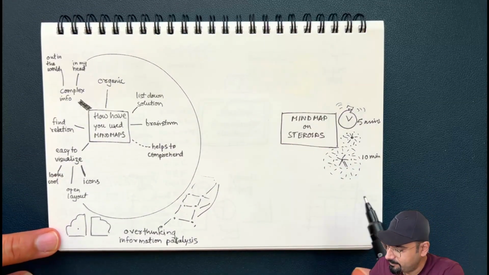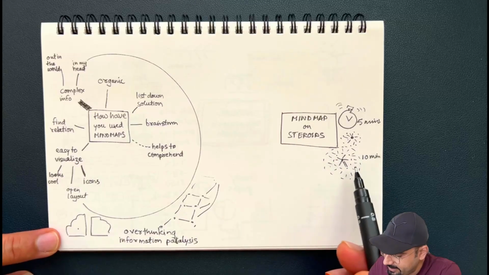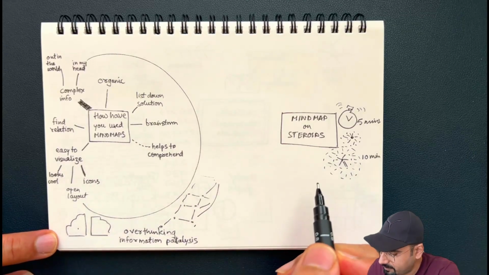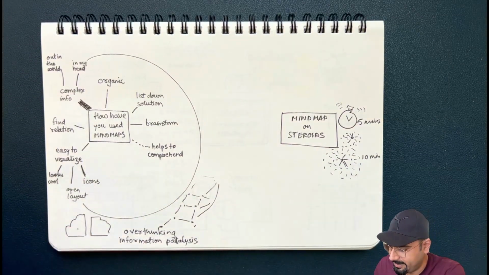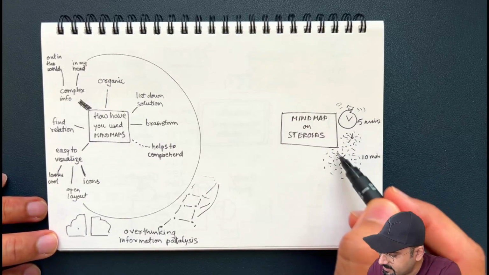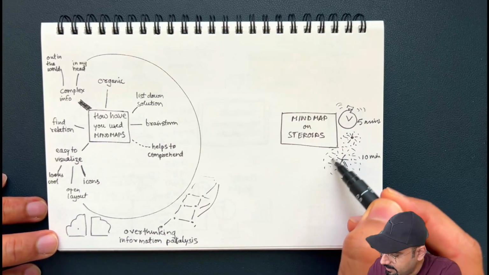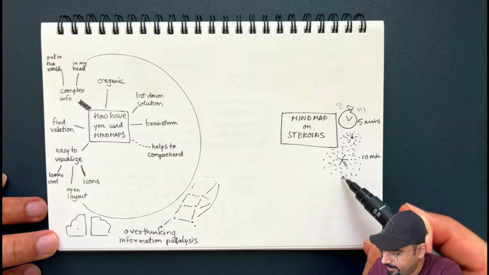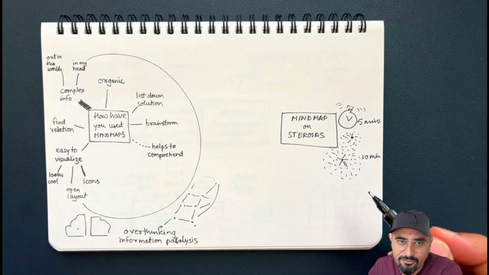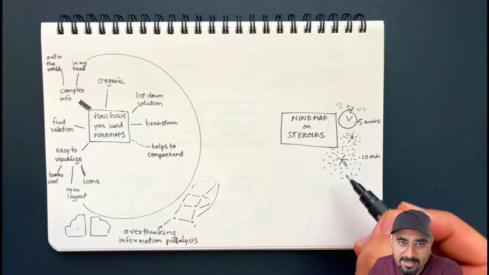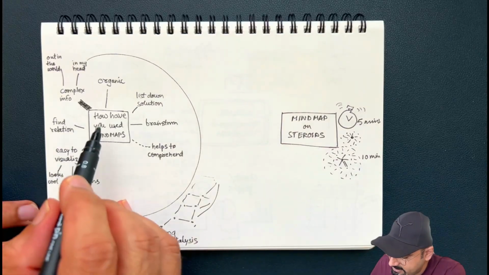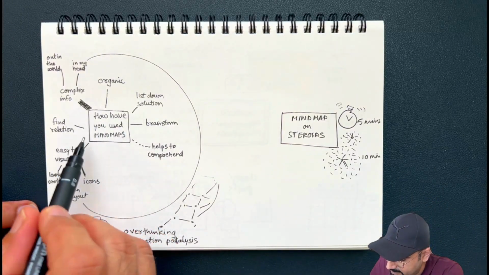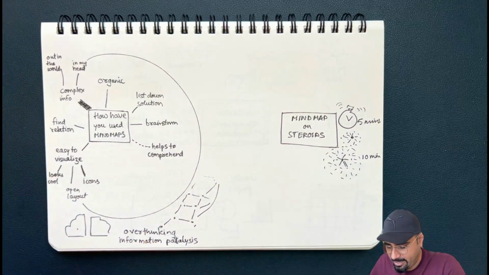Now the second most important thing in this, and we can do it in different ways. First one is, list down all the primary and secondary ideas around the central topic, and then select the three most important ideas out of all of them. So let's say if I have to refer to this mind map, how have you used mind map?